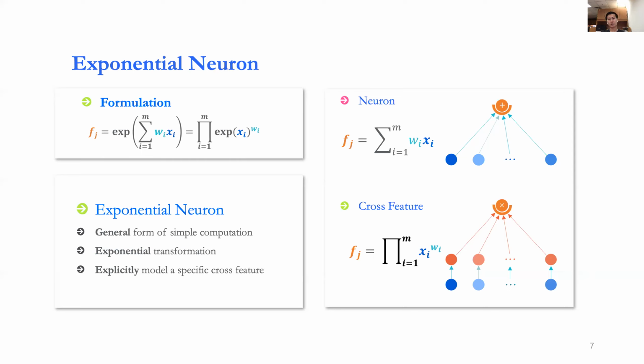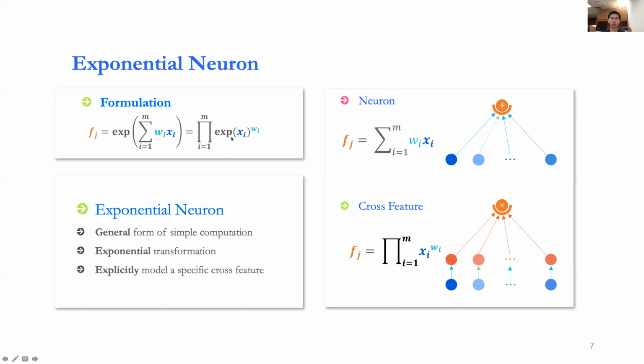To model cross features more efficiently and effectively, we propose the exponential neuron. The exponential neuron is a variant of a conventional neuron. And the main enhancement is that the exponential neuron models input in the exponential space. As shown in the formulation on the left, this is achieved by applying an exponential transformation upon the aggregated inputs. As the second term in the formulation indicates, each exponential transformation can be equivalently understood as follows.